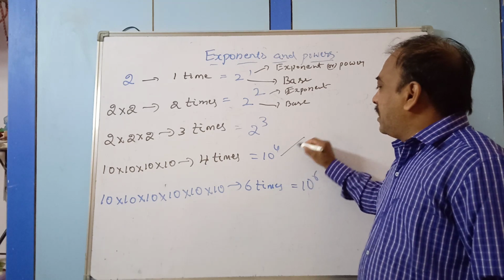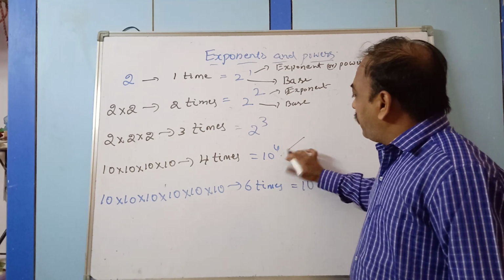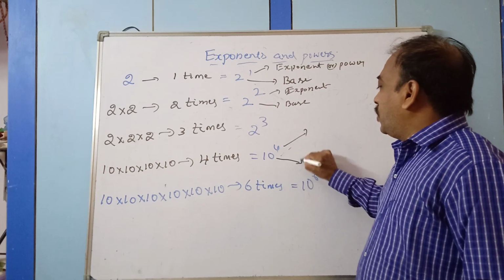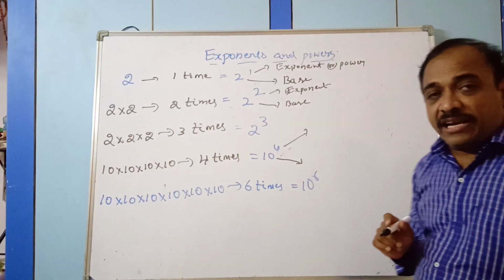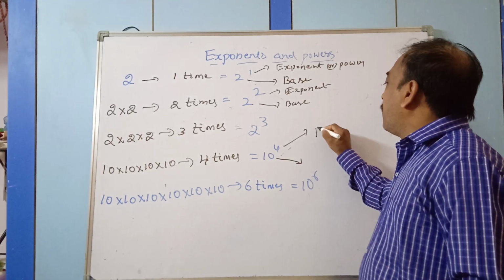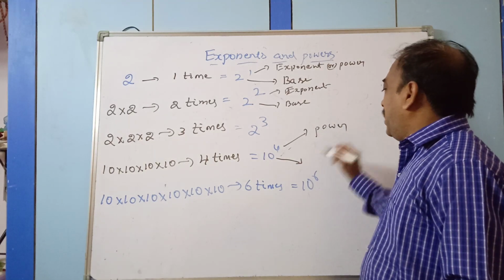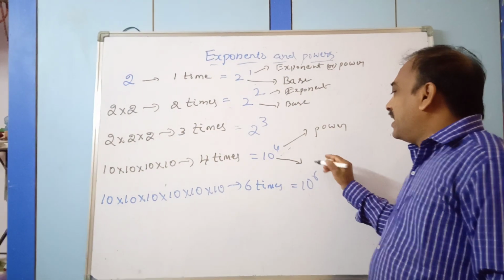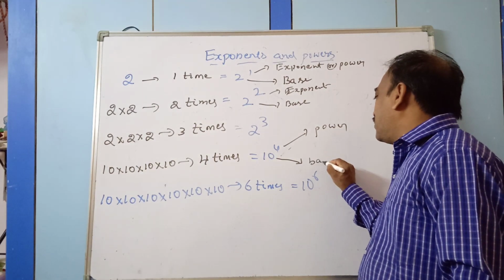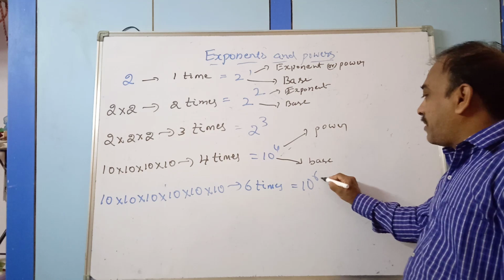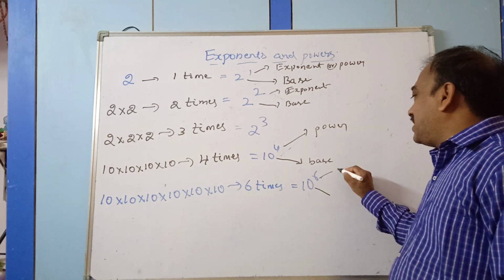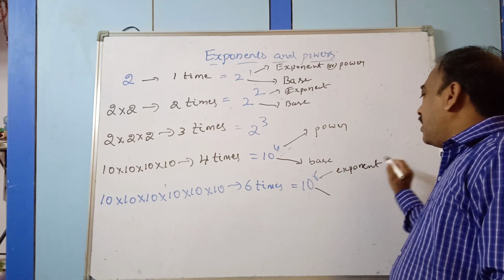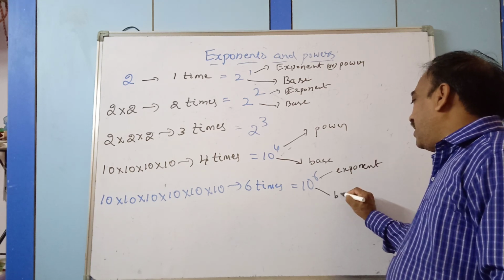Now here, the 4 is called the power or exponent, and 10 is the base. You can say either exponent or power.